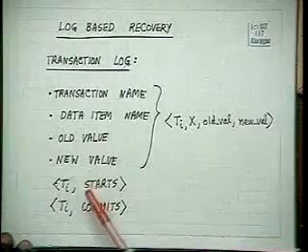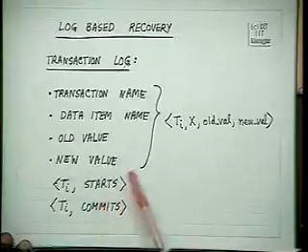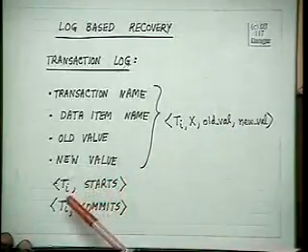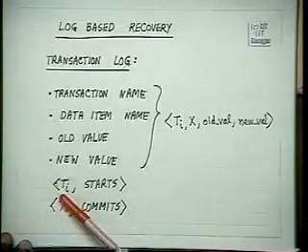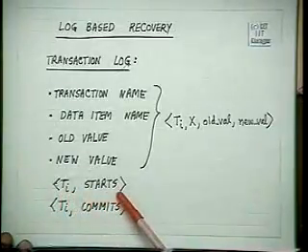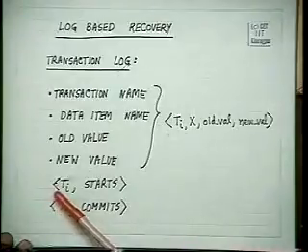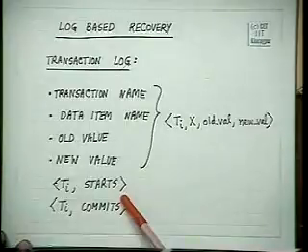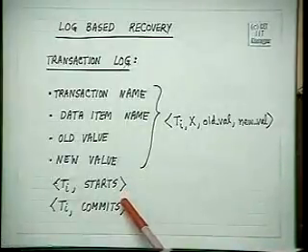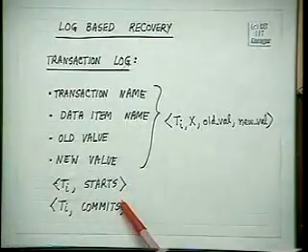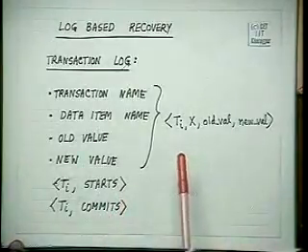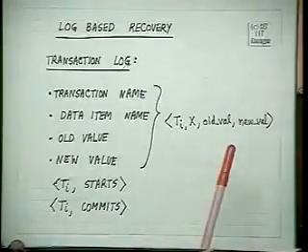So for the time being, let us assume that in the simplest case the log is maintained in a stable storage, and the simplest log consists of three statements. One is TI starts, which indicates when the transaction is just prior to beginning of its execution. Before the first statement is executed, this TI starts is written onto the log in the stable storage, and we will assume in the initial stages that for every log record the corresponding block of that record is written into the stable storage.